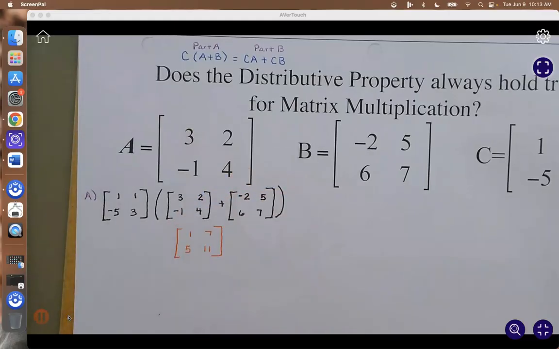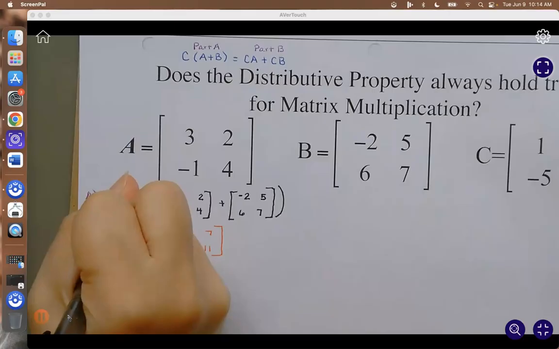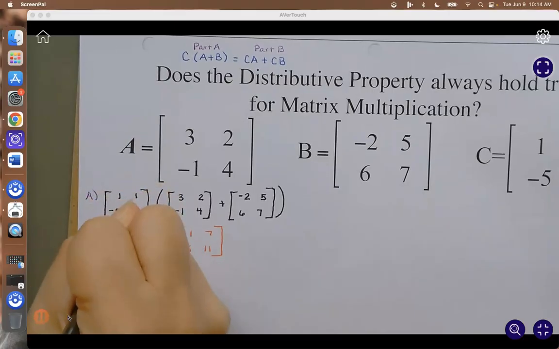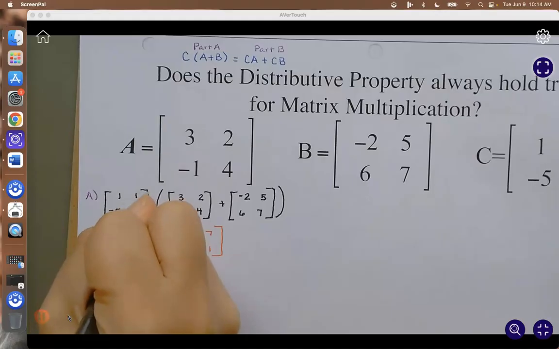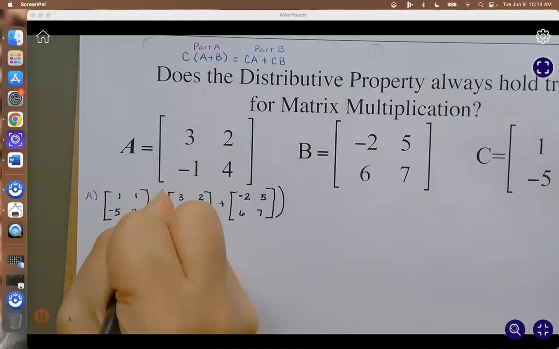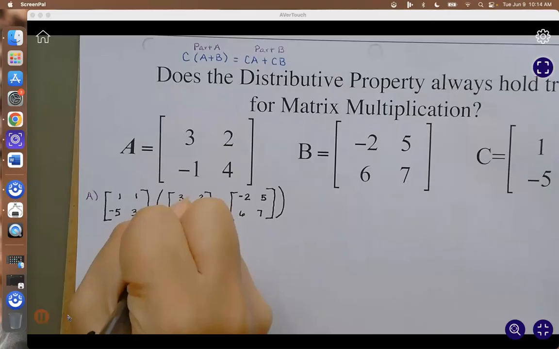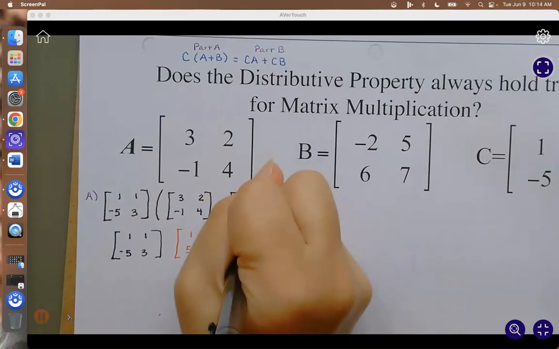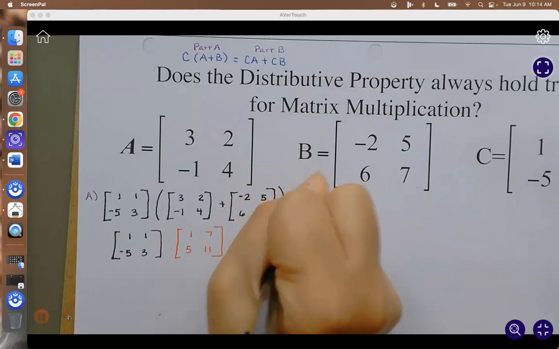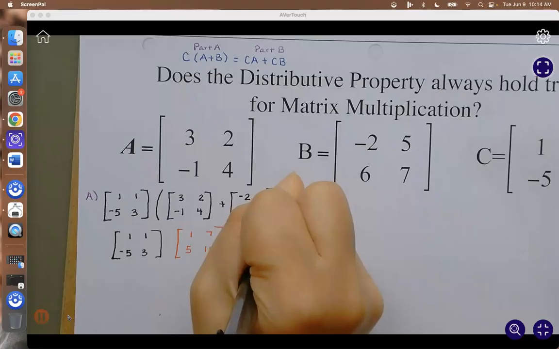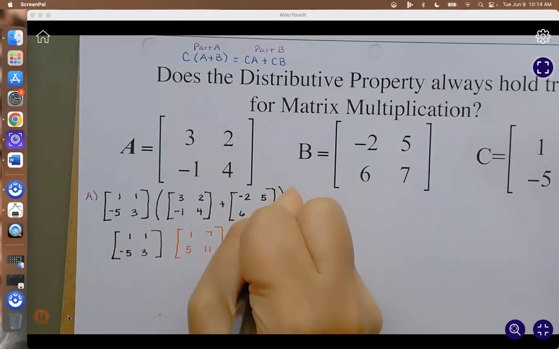Okay? So now we're going to multiply these two. Now remember, this is a 2 by 2 and a 2 by 2. So they match, and our answer is going to be a 2 by 2.